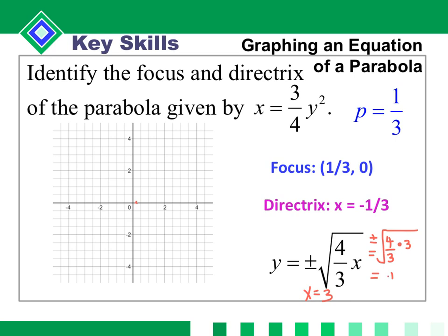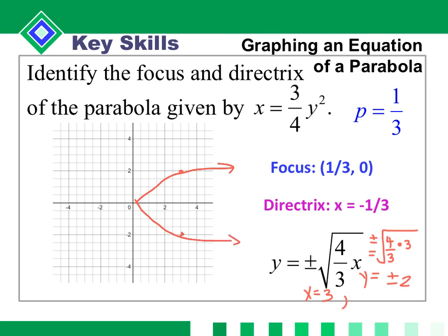See, this is going to be plus or minus 2. Okay, so when x is 3, this is going to be 2, and this is going to be minus 2, and there is my parabola there.